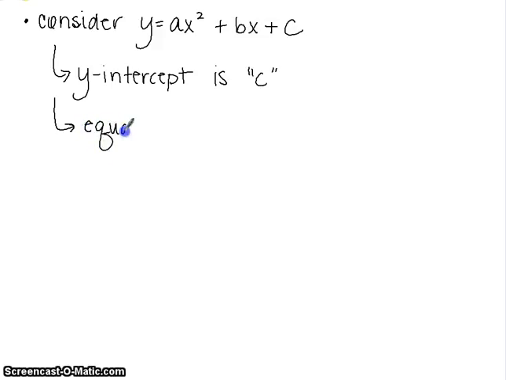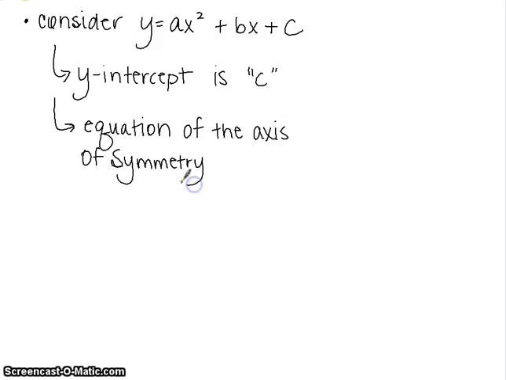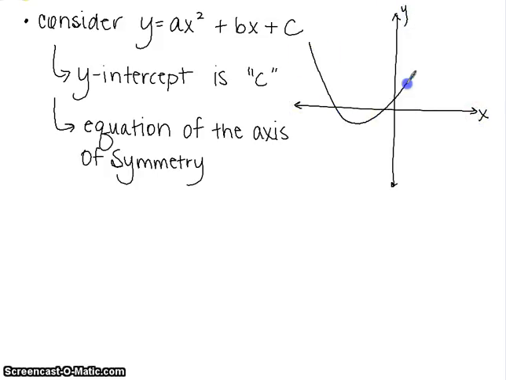We also have what we call the equation of the axis of symmetry. Well, what the heck is that? Well, if I just make a very, very rough sketch of a parabola, maybe something like this, okay? This is our y-intercept right here.